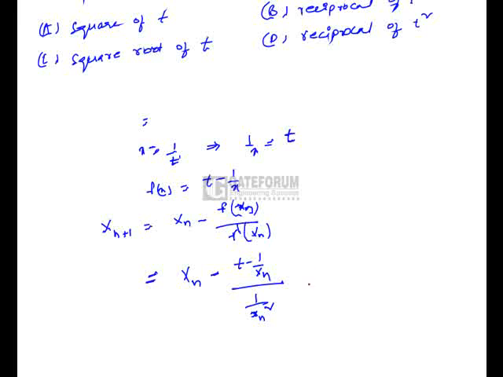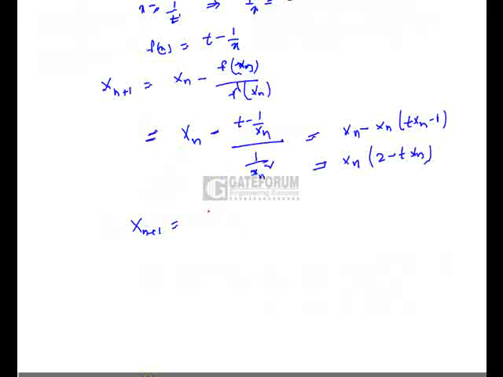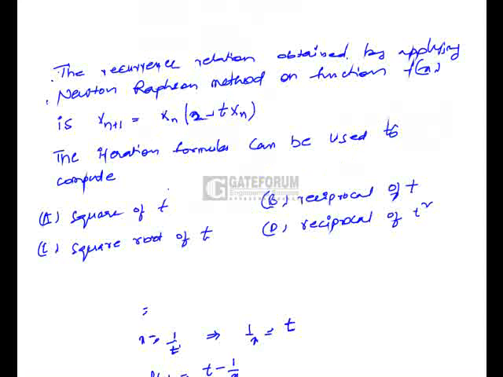If we simplify this, we get xn minus xn into t xn minus 1, which is nothing but xn into 2 minus t xn. So we got xn plus 1 is equal to xn into 2 minus t xn, which is the given recurrence relation.